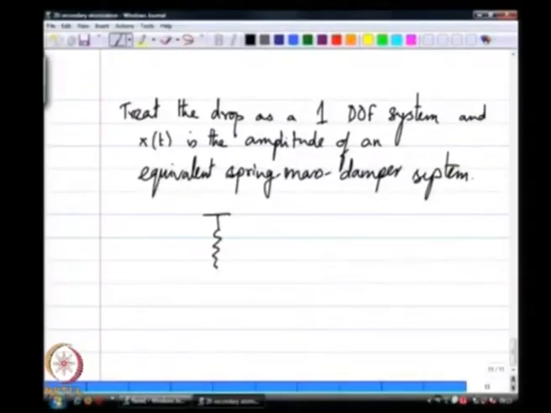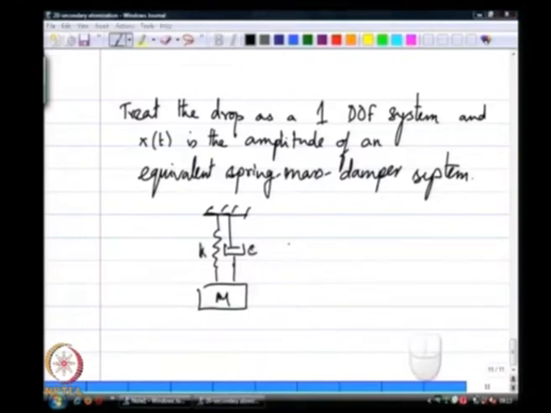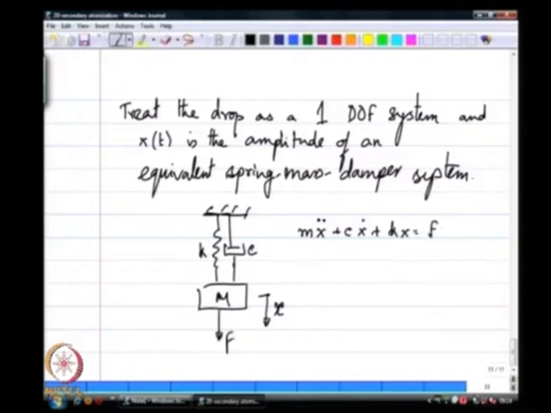Just for the sake of completeness, I will draw a schematic for one kind of spring mass damper system, and an equation: if x is the variable characterizing the degree of freedom, then I have m x double dot plus c x dot plus k times x equals some F, if I have a force F acting on it.